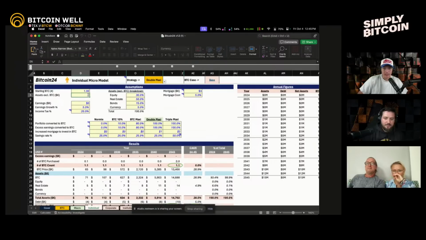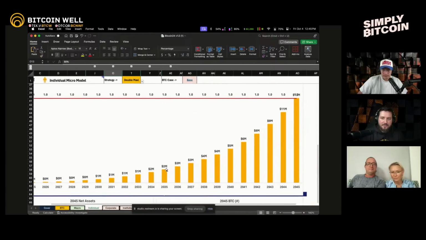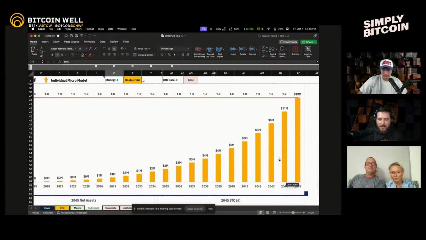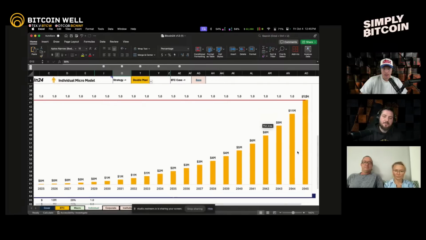So let's go all in on 1 Bitcoin. So 1 Bitcoin, they just have 1 Bitcoin, no excess, nothing. They would end up with, by 2044, $11 million and $13 million if Saylor's base case holds.